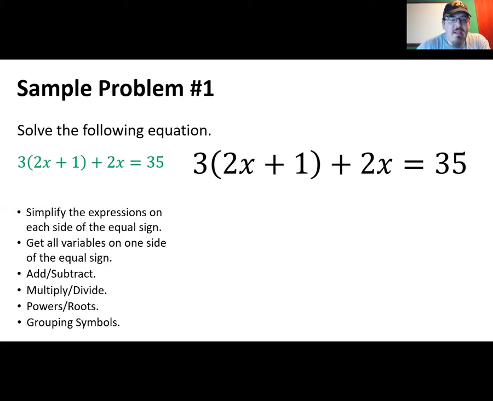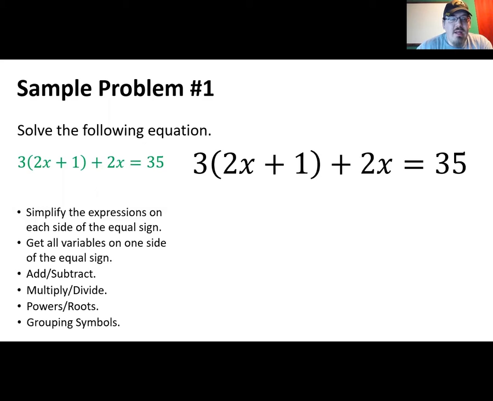We need to do that in this particular problem because we want to try and get the like terms combined, and if we can get rid of parentheses, that comes in really handy as well. The 2 main things that we look to do when we are simplifying an expression in an equation like this is we look to do the distributive property if necessary, and we also look to combine like terms.